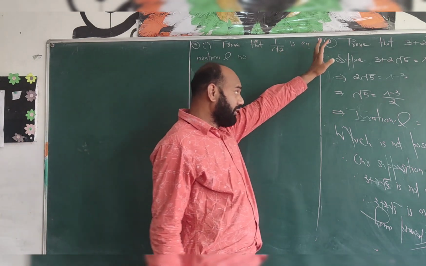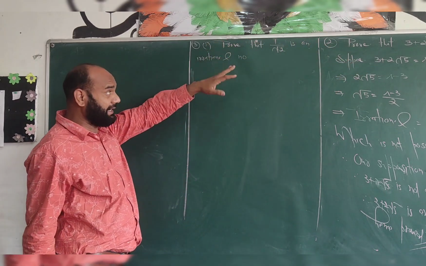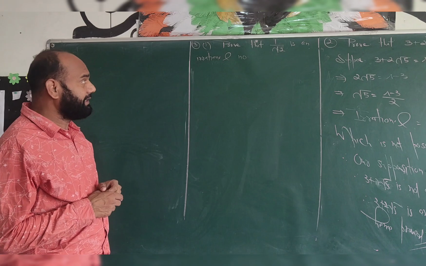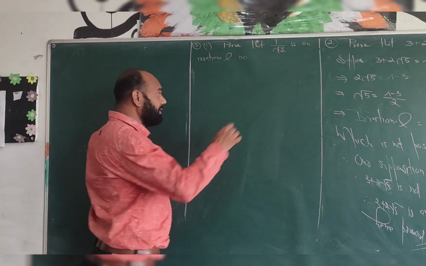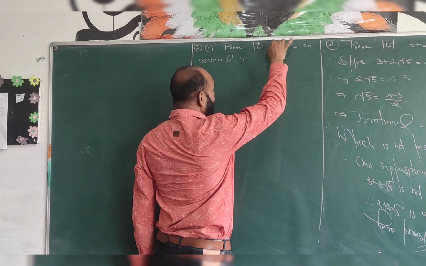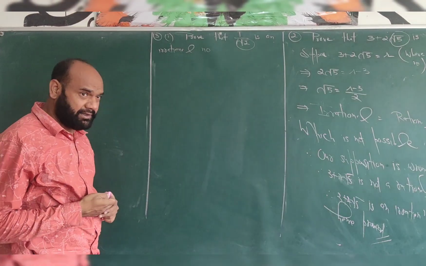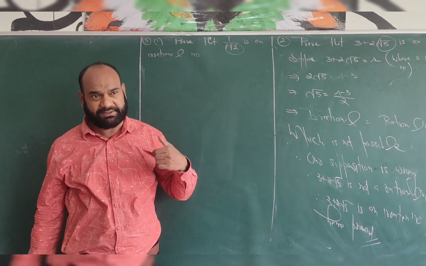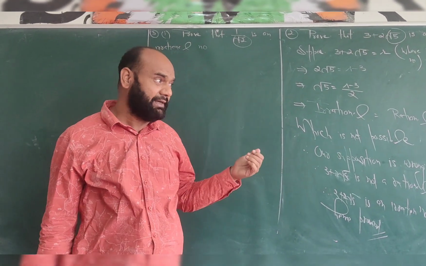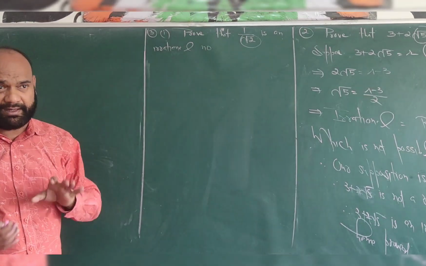We take one more example of this type, and this example is: prove that 1 by root 2 is an irrational number. And in this question we see also the term of root 2 is present, and we know when in any question the terms of root 2, root 3, root 5, root 6, root 7 and so many others are present, then they can be solved by the r method.